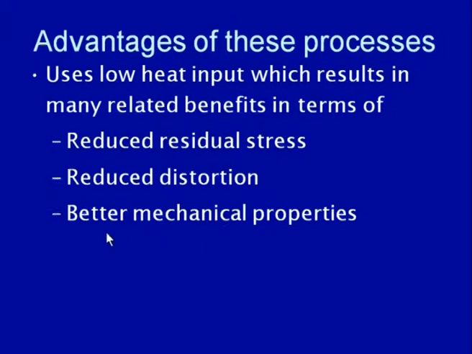Further, the mechanical properties are found to be better, especially compared with conventional arc welding processes. The heat input commonly leads to a change in the metallurgical properties of the heat affected zone, mainly in the form of coarsening of the grain structure or hardening and softening of the base material.